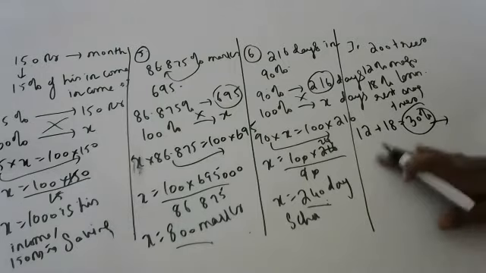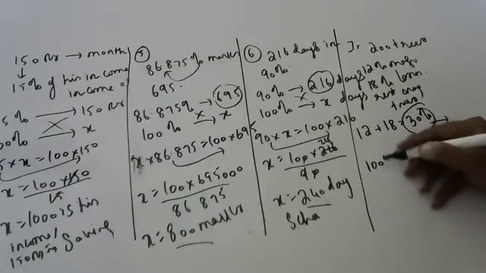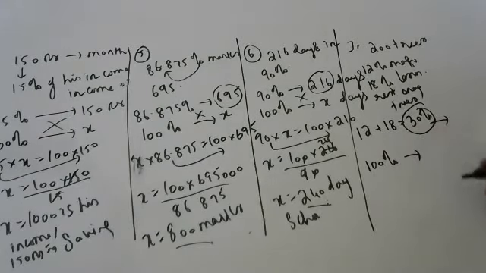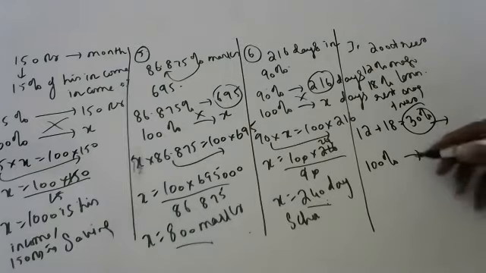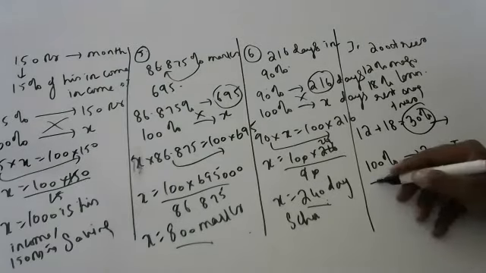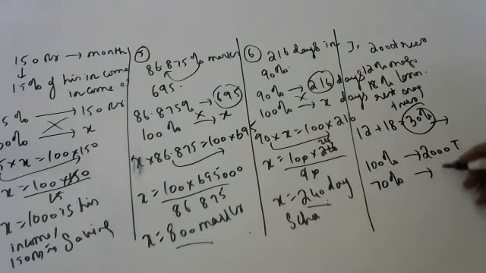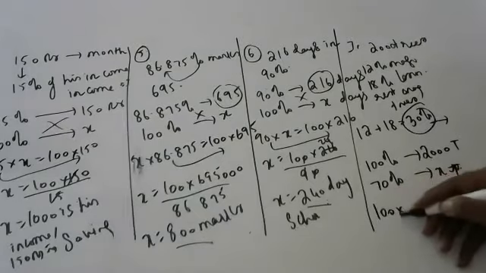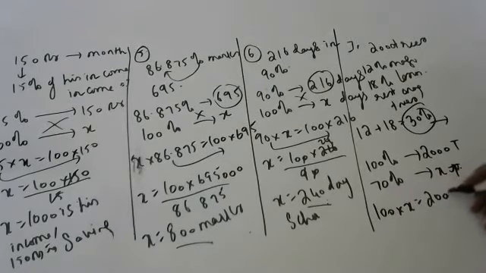Sir, they gave 200. 100% is 200 trees. 70% gives orange trees. How many orange trees are there? Tell, Hansika, cross multiplication: 100 into x is equal to 200 into 70.